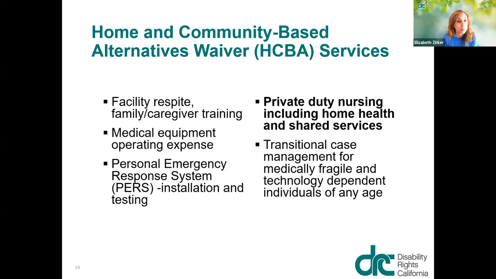So facility respite, family caregiver training, medical equipment operating expense, personal emergency response system, private duty nursing, including home health and shared services, transitional case management for medically fragile and technology-dependent individuals of any age.